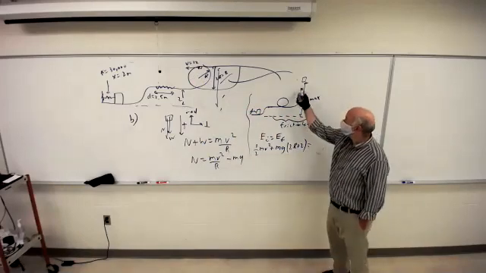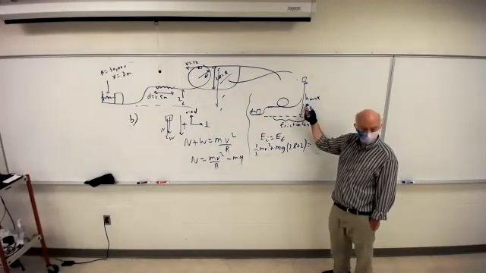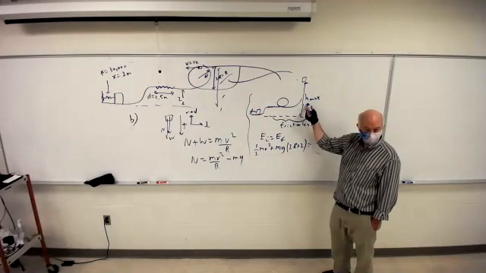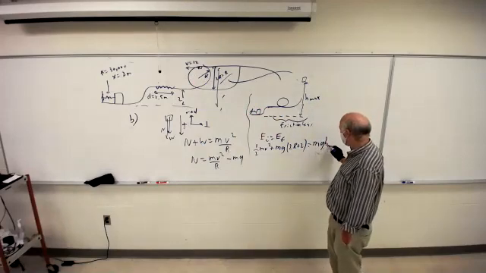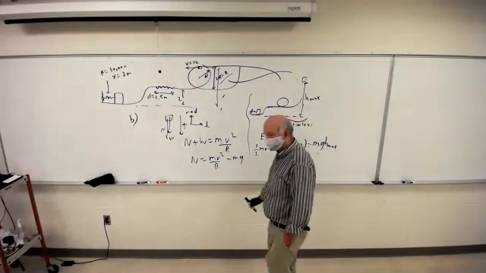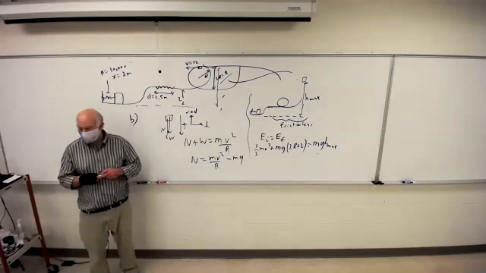That equals, well, what's the energy here, if this is your maximum height? It's just potential. This is all potential here. This is mgh max. Does that make sense? Questions?